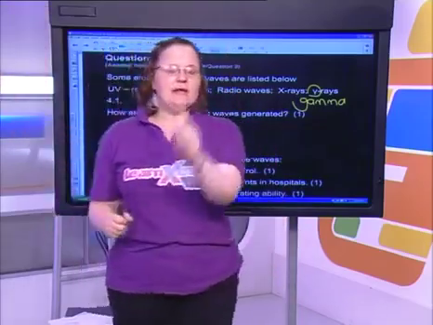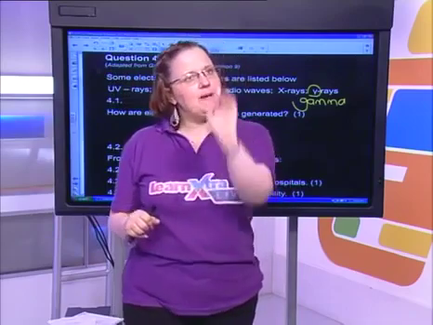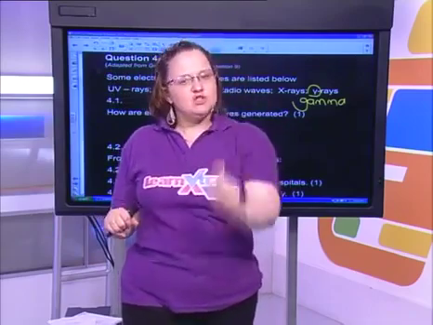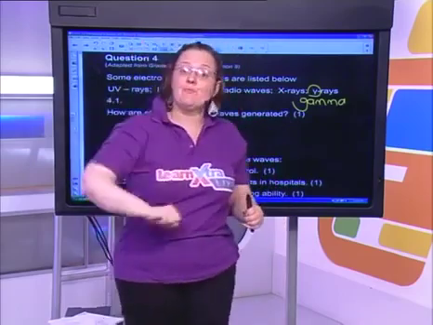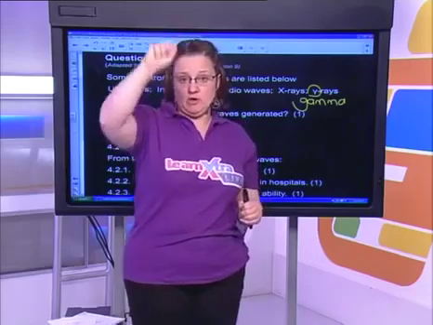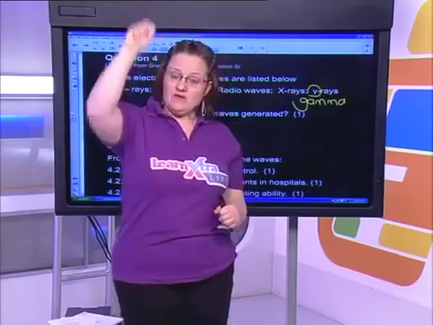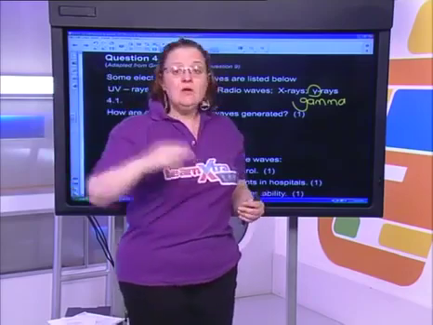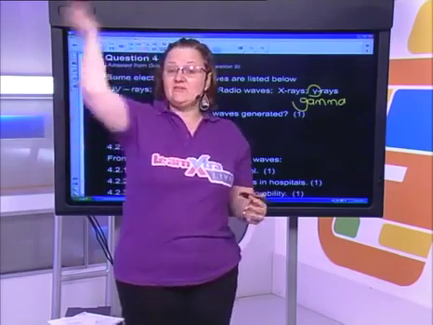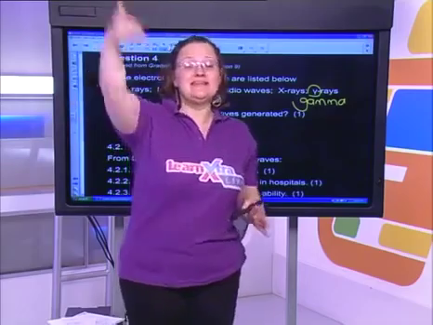Remember, electromagnetic waves are generated by the movement of a charged particle, okay? You have to have the movement, and in fact, you have to have the vibration of a charged particle. As the charged particle vibrates, it creates an electric field because it's moving. That electric field, in turn, creates a magnetic field.